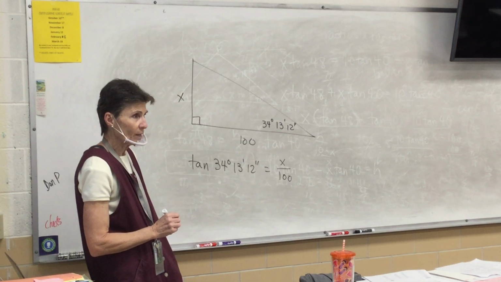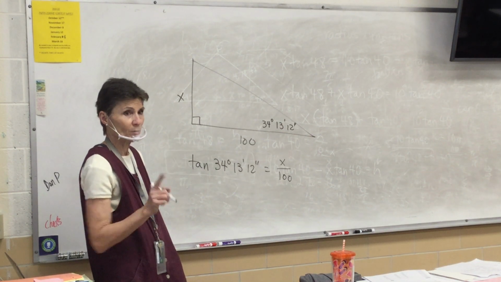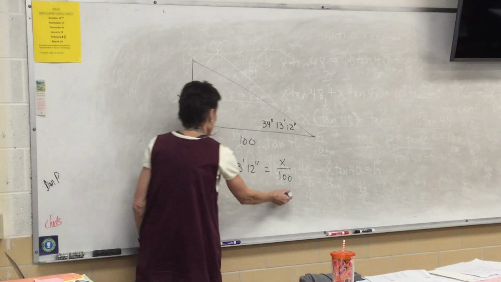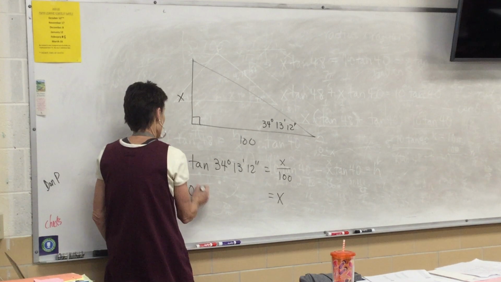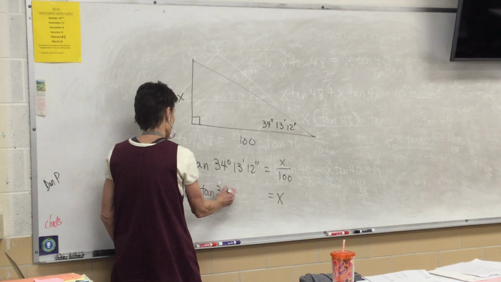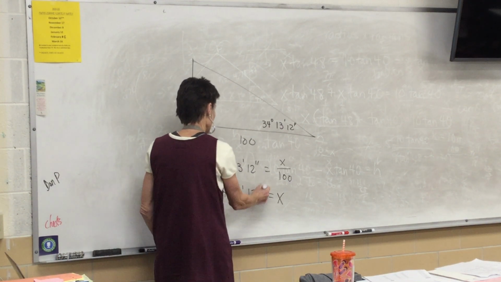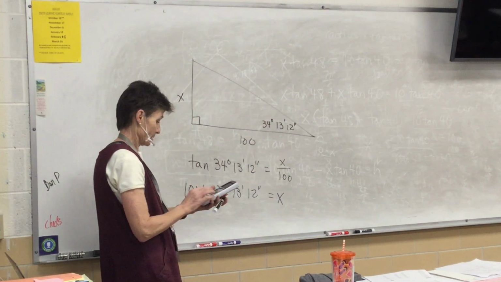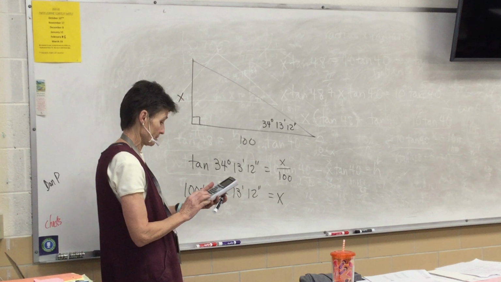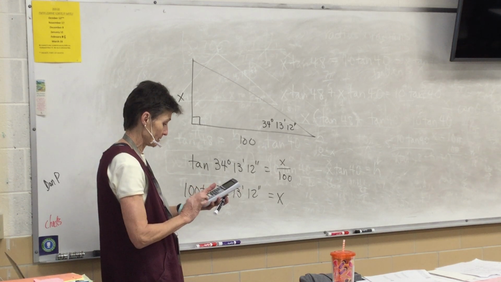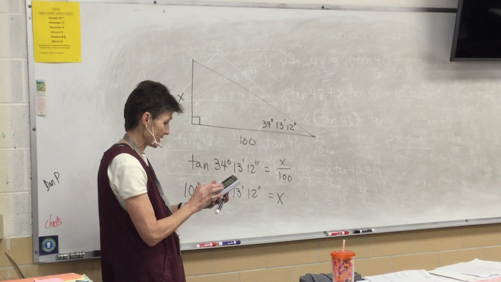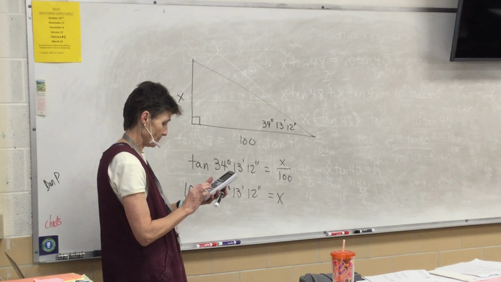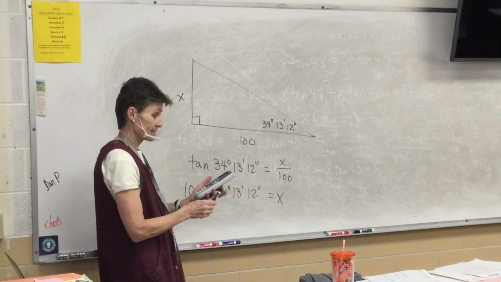Isn't this an easy one? Compared to the one we just did? Yes. So we'll just multiply by 100 and type it in. So let's all try that. Good practice there, typing in these fragmented degrees. 100 tangent, 34 degrees, 13 minutes, and 12 seconds. 68.01.